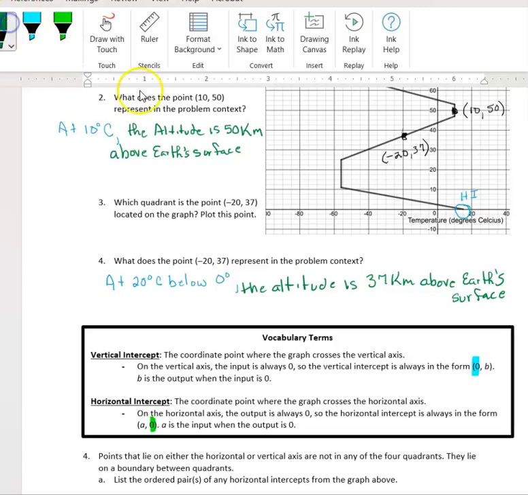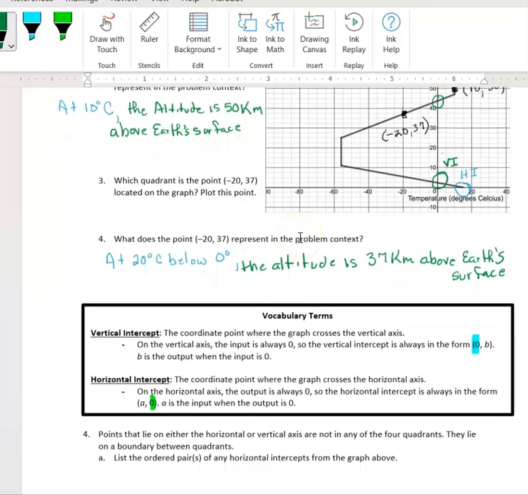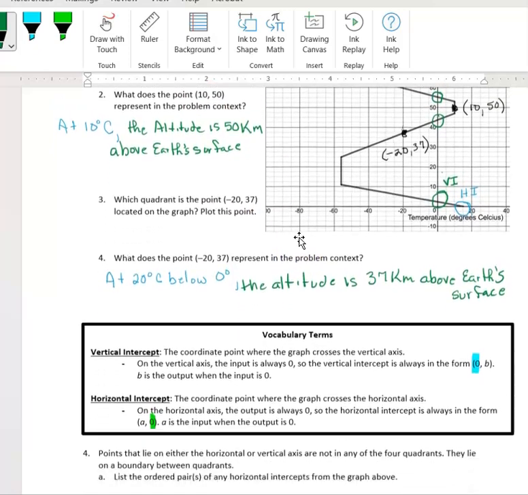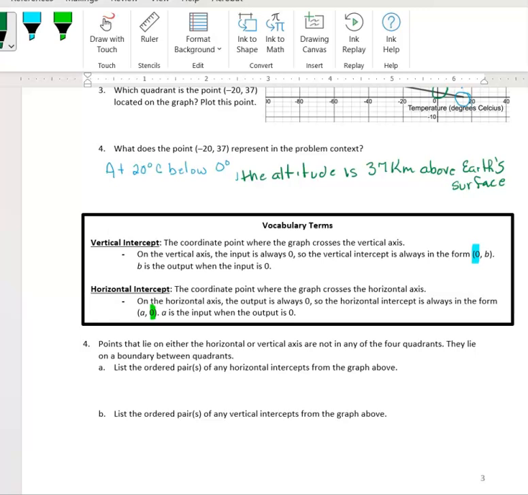And then for our vertical intercepts, there's going to be one here, here, and a third one right here. These are all vertical intercepts. Now we can list those ordered pairs: it looks like (15, 0) is our horizontal intercept. Again, the output value is 0 in a horizontal intercept.